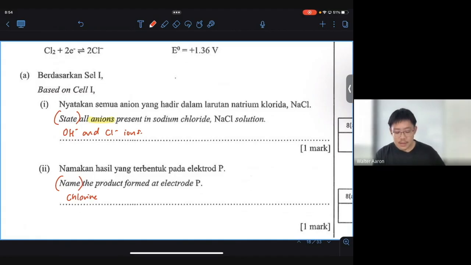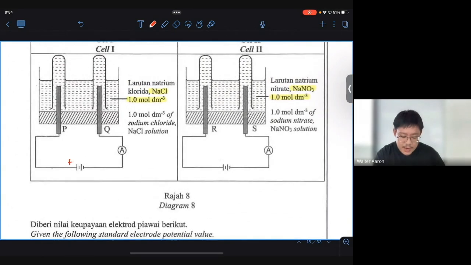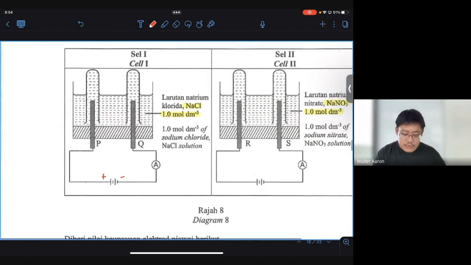Now, electrode P is the anode and Q is the cathode. How do we know if P is chlorine? At the anode, you have OH minus and Cl minus. As I explained last time in Redox, if this is a concentrated solution, we only look at the anode for the substance to be discharged. The cathode automatically follows ECS, very easy: the lower the better.